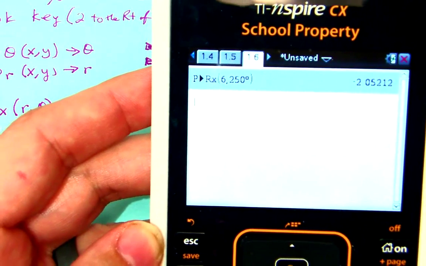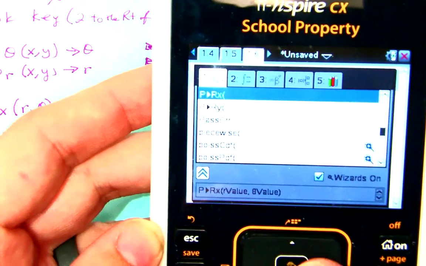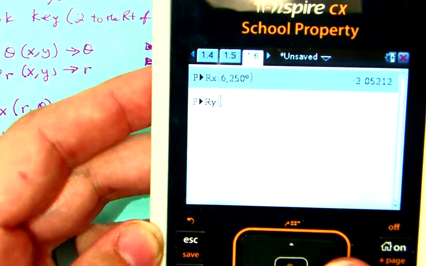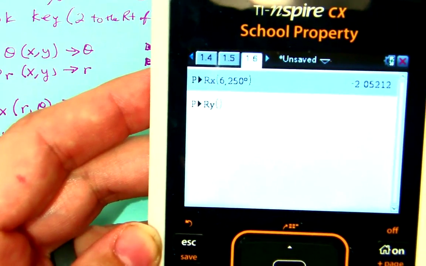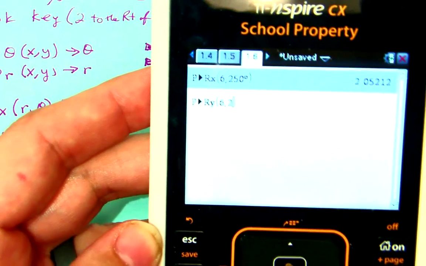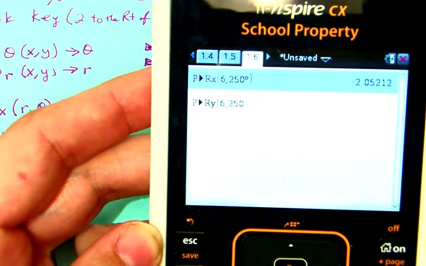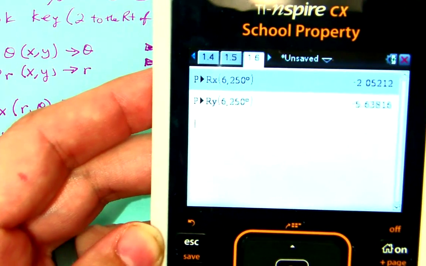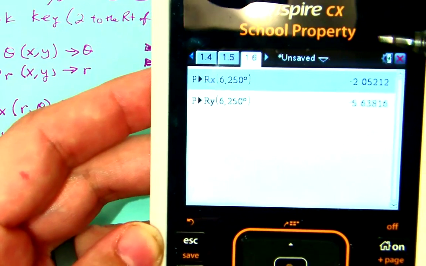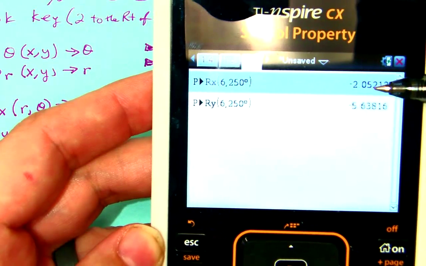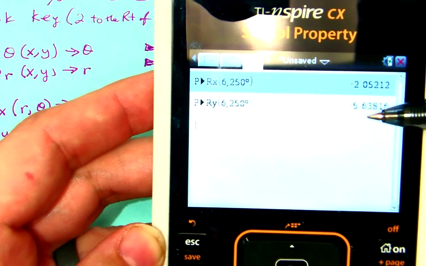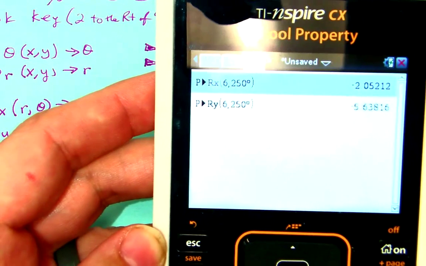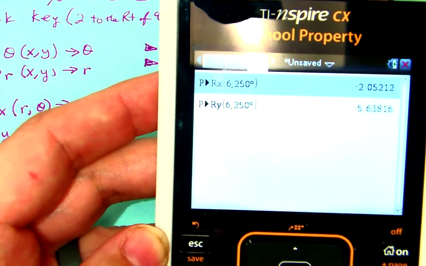Now if I wanted the y value, I'll move down to y, and 6, 250, and then pi degrees. So I know my coordinates are going to be negative 2.052 and negative 5.638. And we can round them to whatever places we need to.